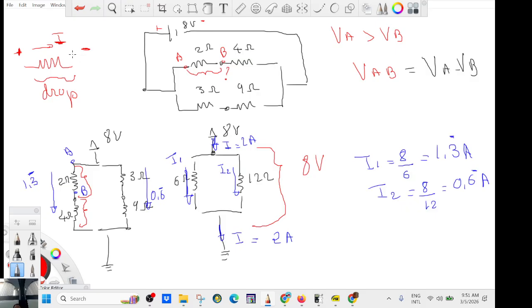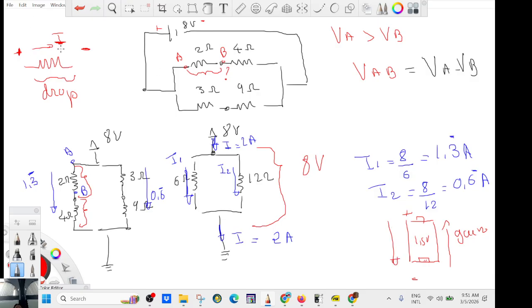If you go in the opposite direction, you are gaining voltage. So if you are inside the power supply, that's going to be important for next. Let's say you have a 1.5 volt. This is plus, this is minus. When you go this way, you gain. If you go that way, you lose.